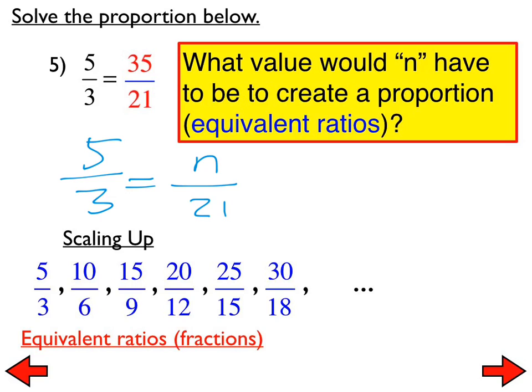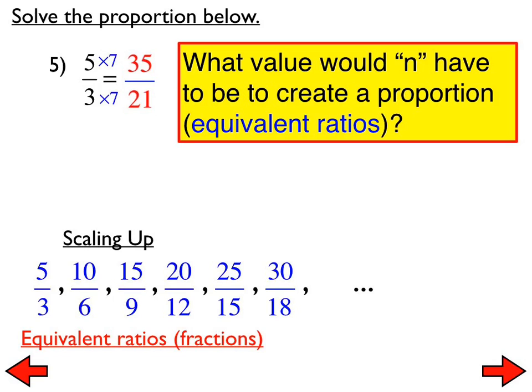What would I have to multiply 3 by to make 21? Just say it, please. 7. And so you could then multiply the top number by the same value, and that would lead you to n being 35.